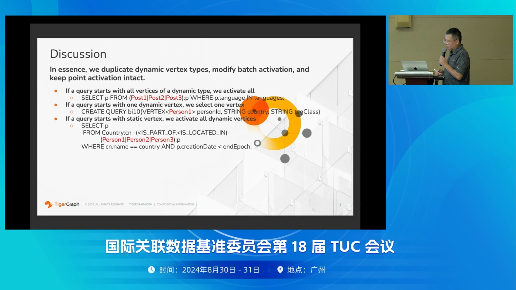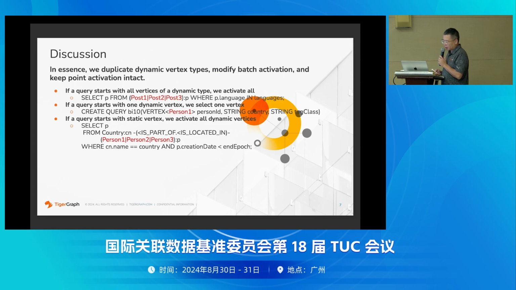And if a query starts with one dynamic vertex, for example, person 1 has a person ID, we don't change anything. We just start from that particular person ID, but use one vertex type, person 1, to continue the benchmark query.